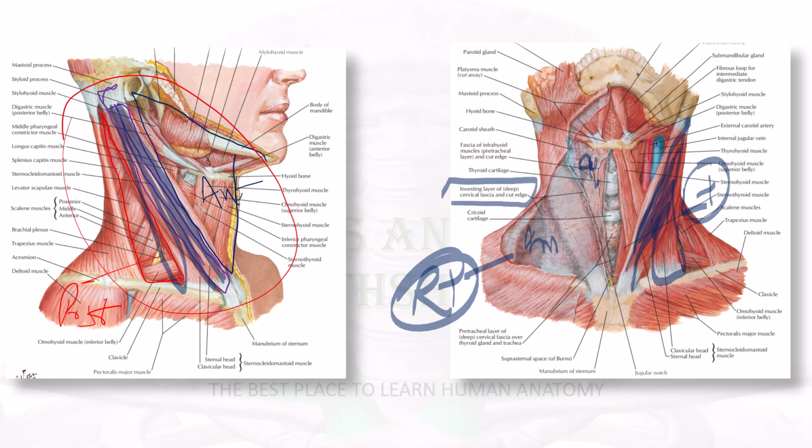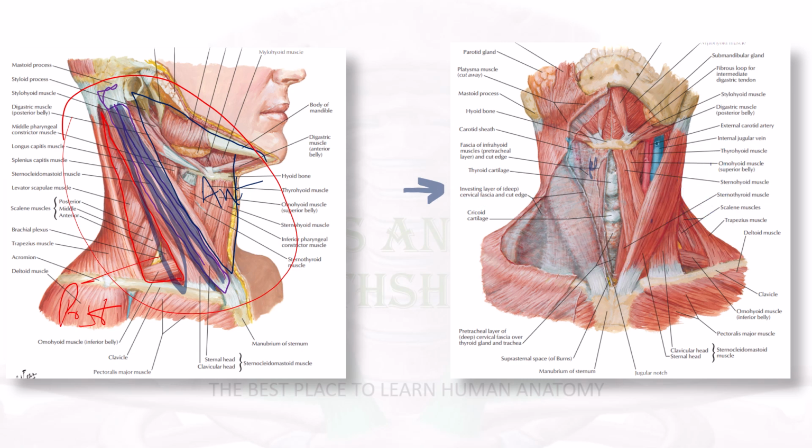This is known as the investing layer of deep fascia. Actually sternocleidomastoid कोई subcutaneous muscle नहीं है बच्चों. The subcutaneous muscle in the neck is the platysma. These muscle fibers are the fibers of platysma.